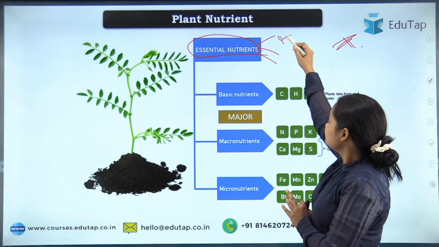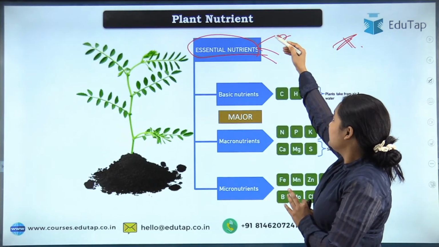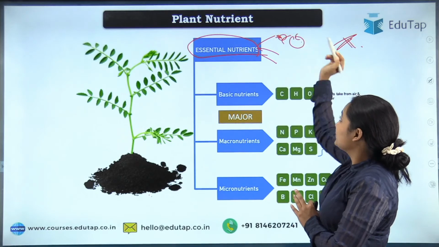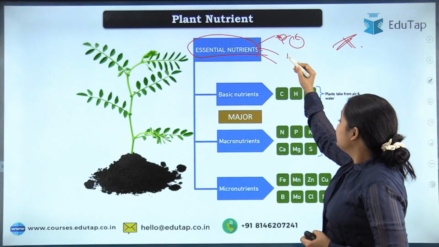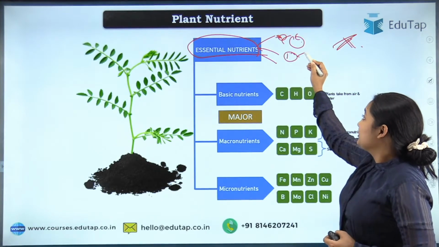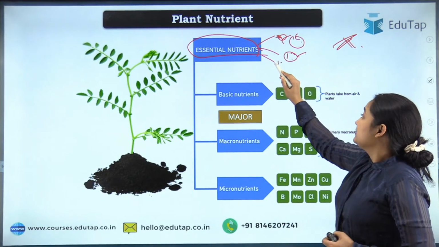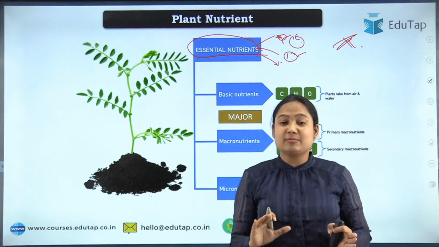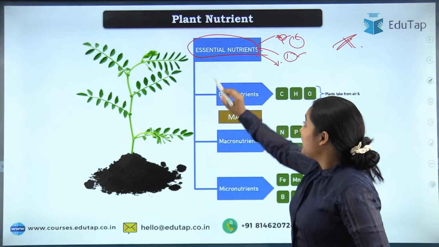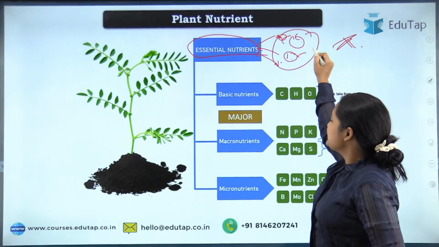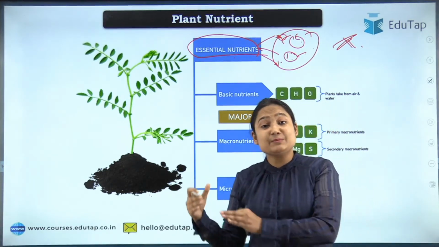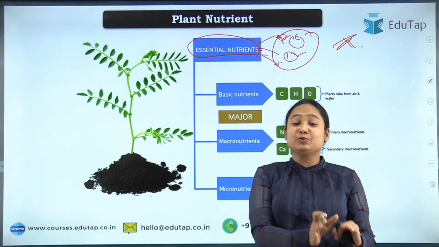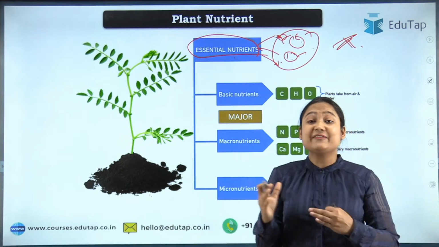First of all, it should affect the plant life cycle, so the plant should not be able to complete its life cycle. Then, only this particular nutrient should be able to replace itself. Third, it should affect the metabolism or life cycle of the plant. Now, these conditions are not very important for your exam, but you should have a clear picture of why some nutrients are essential and why some are not essential. What are the conditions for that?